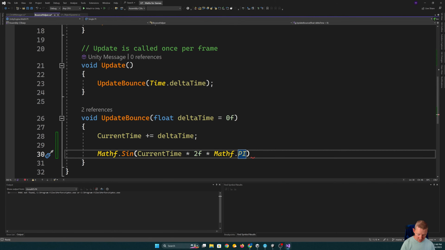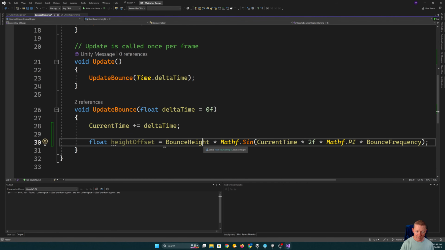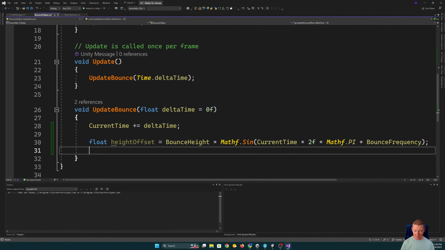Then what I would do to use the frequency is just multiply like that. Then our height offset ends up becoming our bounce height multiplied by that. So now we know the height offset for it.